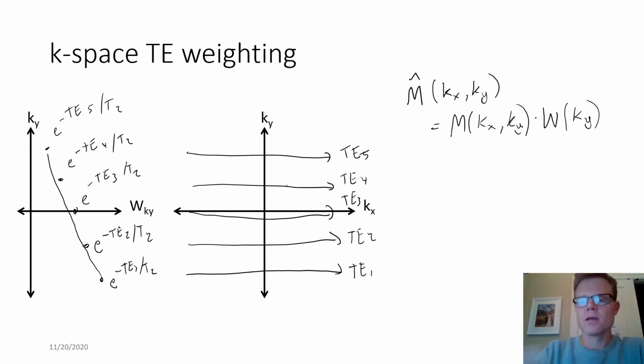Okay, so again, what this is saying is that we have our ideal data, capital M. What's happening in the fast spin echo is we have some additional weighting factor here that's due to the T2 decay across the echo times.